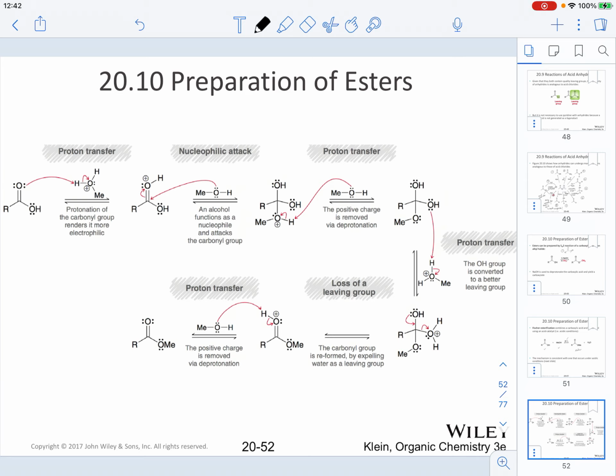The oxygen atom in the alcohol is going to attack the carbon in the carbonyl, putting the electrons up to the oxygen. Once that happens, as you can see, we're going to be forming that specifically tetrahedral intermediate that then undergoes deprotonation.